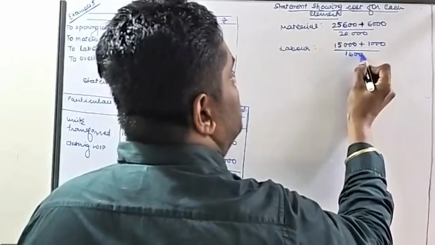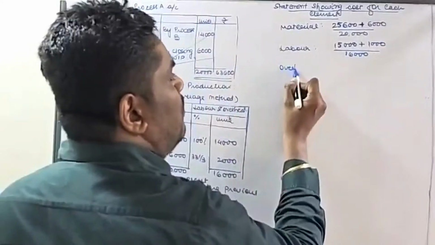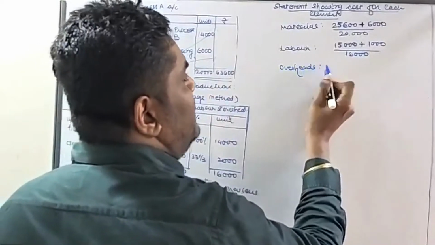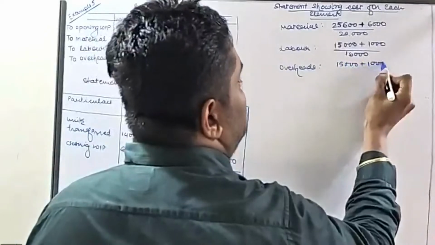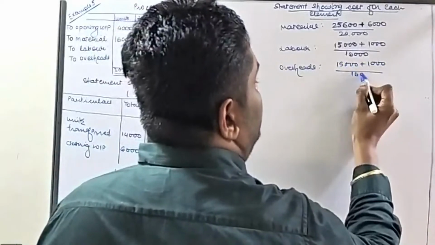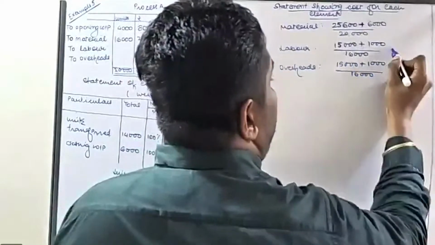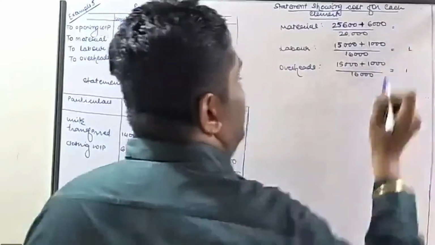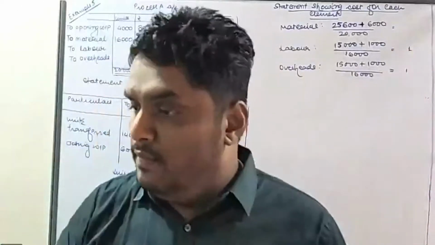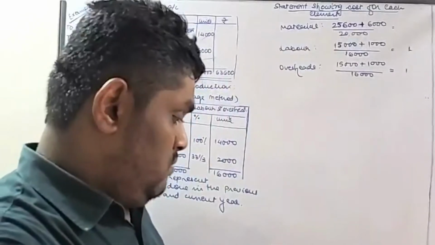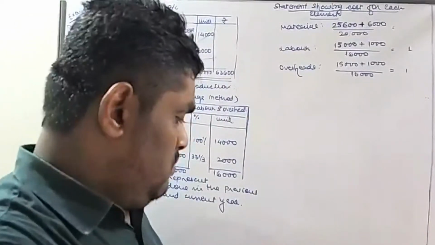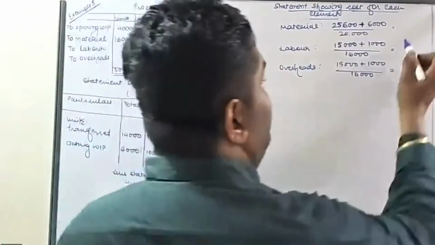So 16,000. Overheads also the same, 15,000 plus 1,000 divided by 16. So this will be 1, this will be 1, and this will be 1.58.